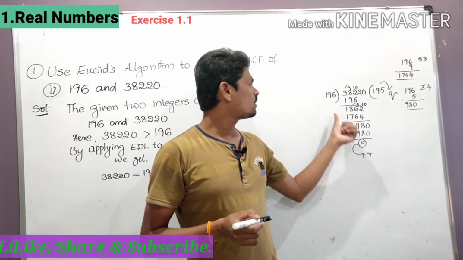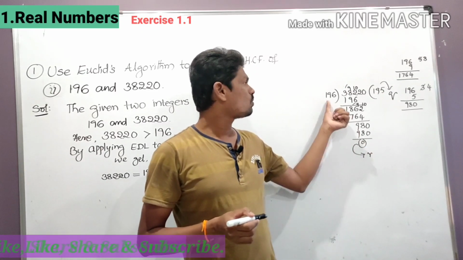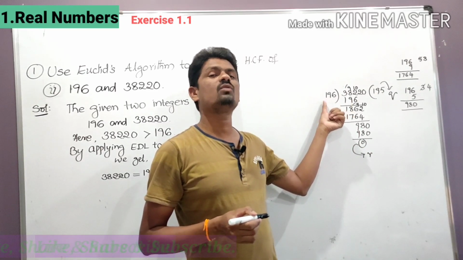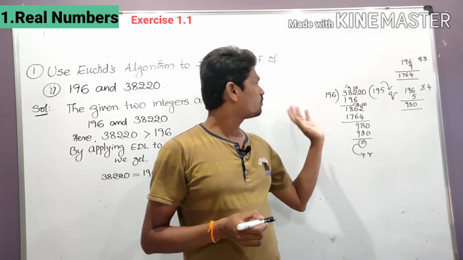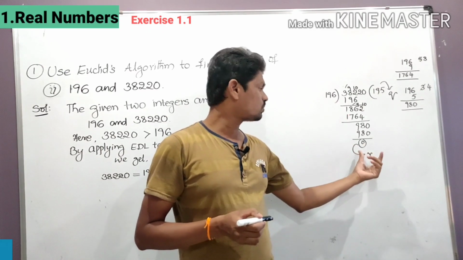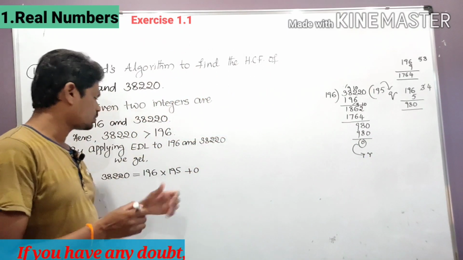So by dividing 196 we are getting 0. So 196 is the divisor, student. Therefore the divisor is the HCF of the given two positive integers. So by dividing 196 we are getting 0, remainder is 0, student.